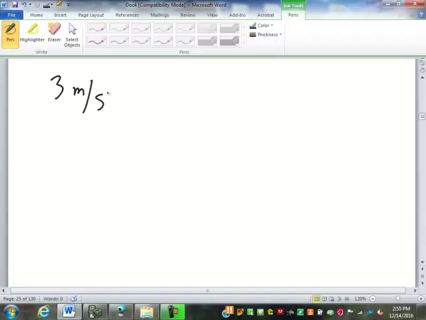Well, it sounds like it, doesn't it? Well, let's put that into kilometers per hour. Three meters per second is 3 meters in 1 second. And we're going to have to convert the seconds into hours and the meters into kilometers. But what I would do is this. I'm going to just convert the metric units.